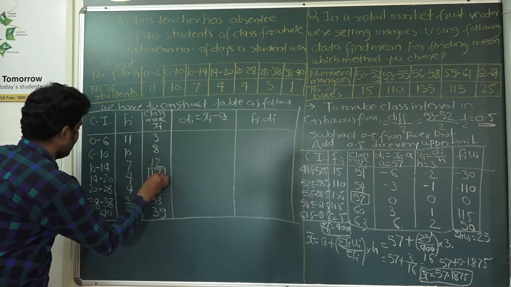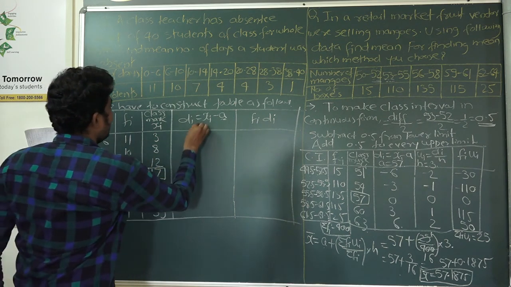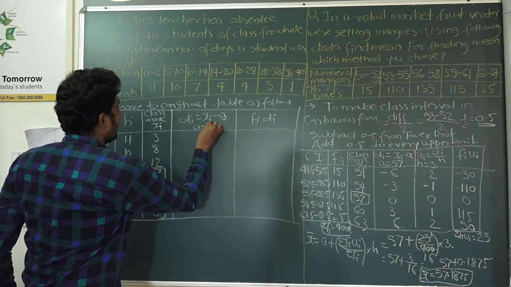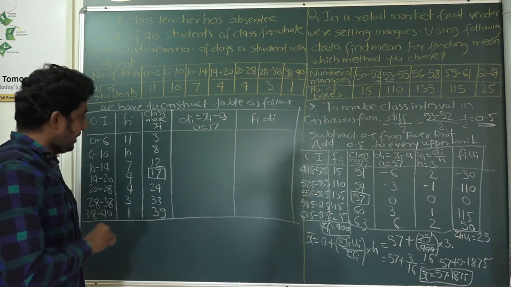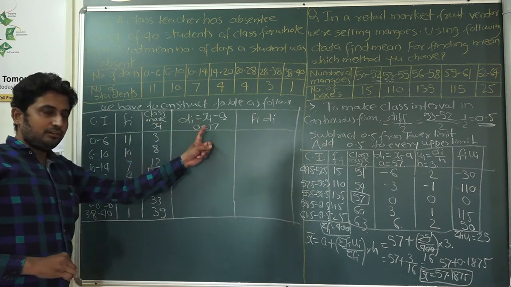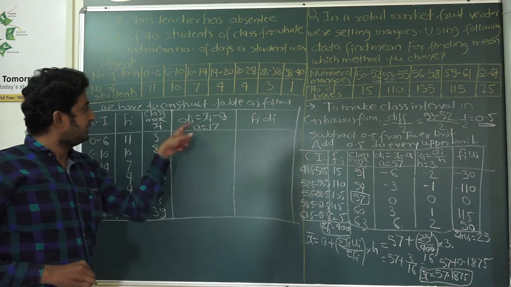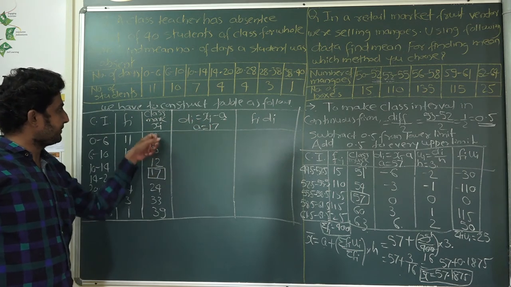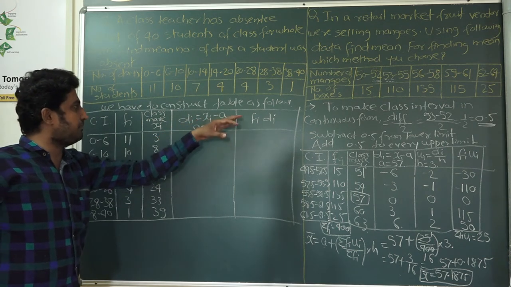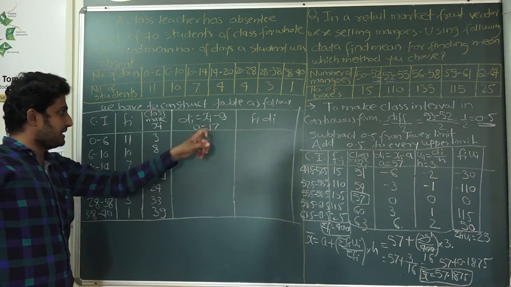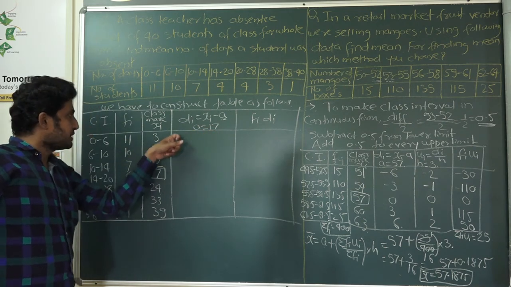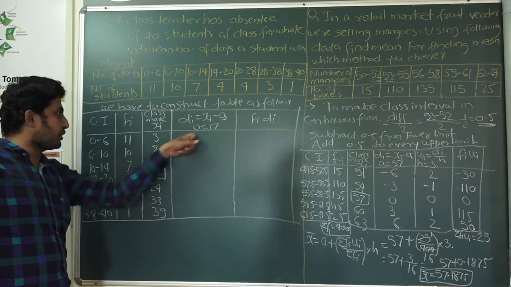That's why we take 17 as our a. Now the deviation di is xi minus a, same process as we have done before. A is constant here, so we subtract 17 from every value.